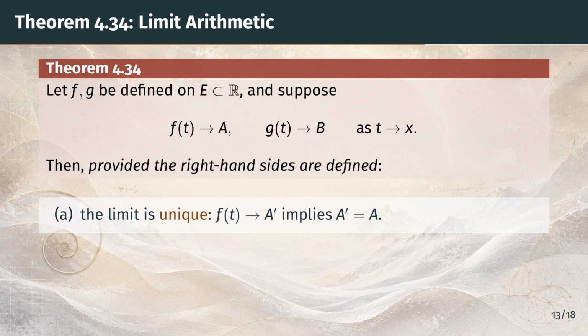Part A, shown below the red block, is uniqueness. A function cannot approach two different limits, so if f of t also tends to some A prime, then A prime must equal A. The crucial phrase in the theorem is, "provided the right-hand sides are defined," and we will see in a moment why that caveat matters.